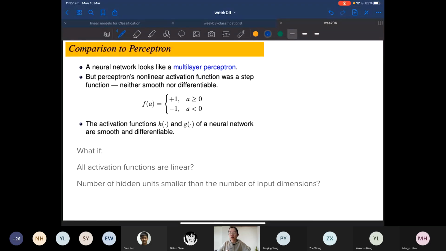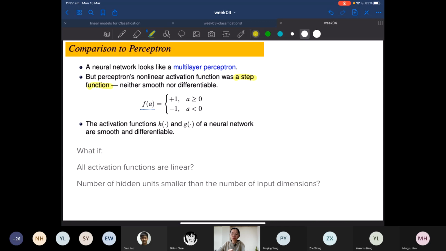Okay, we're almost at time. Comparing to the perceptron, I'm just going to talk about one more thing and then we wrap for today. A neural network, you can arguably think, behaves like a multi-layer perceptron, except the perceptron restricts itself to the step function, right?